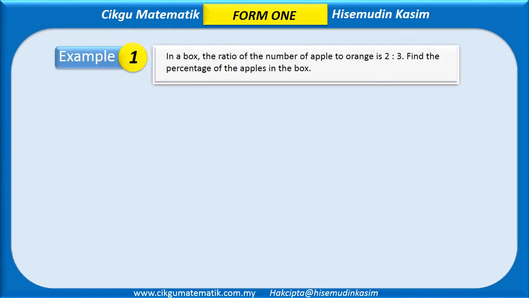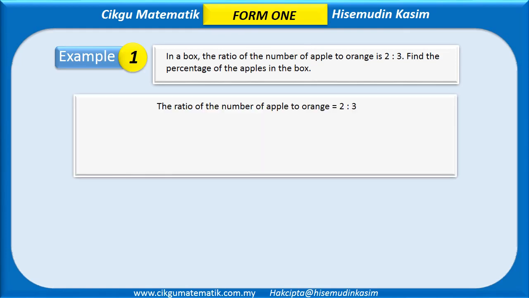Example 1. In a box, the ratio of the number of apples to oranges is 2 to 3. Find the percentage of the apples in the box.